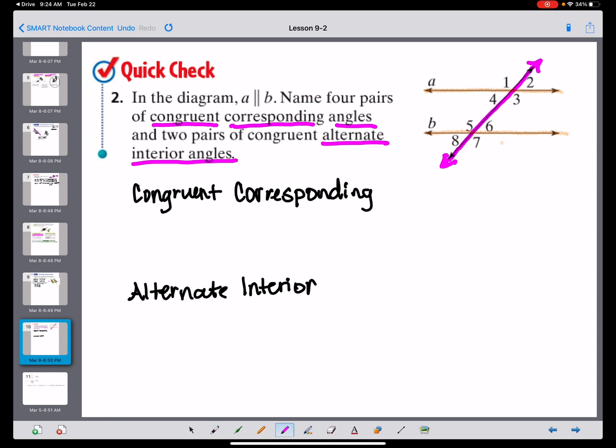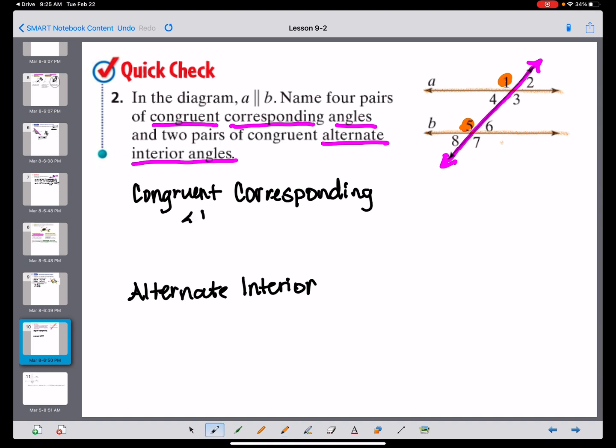All right, let's give this a try. First of all, corresponding angles are in the same relative position and on the same side of your transversal. I see that 1 and 5 are both to the left of my transversal, and 1 and 5 are both above their orange line.